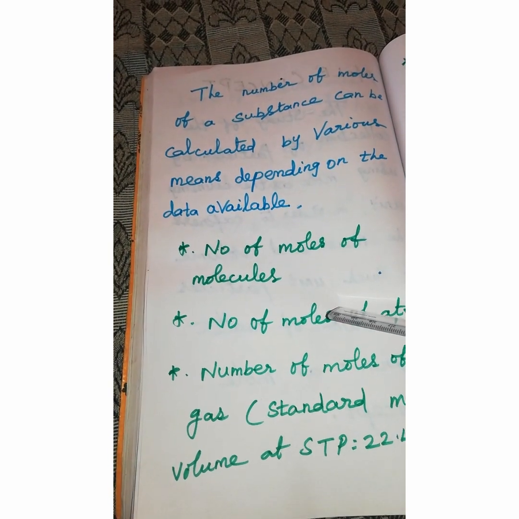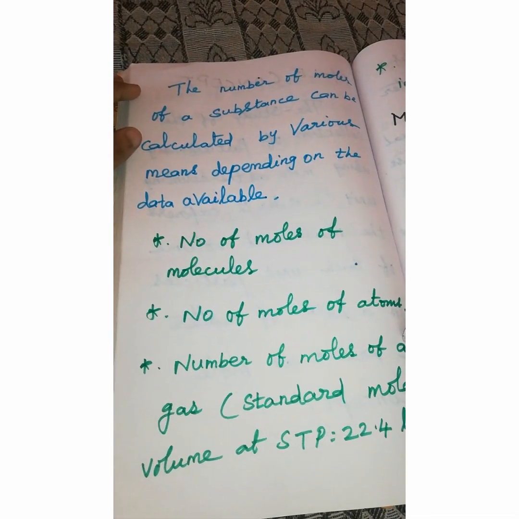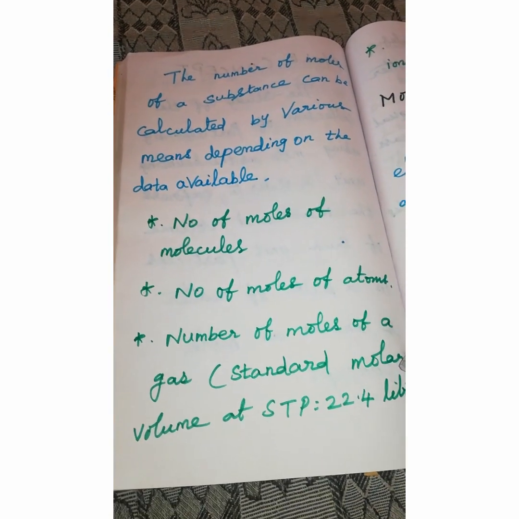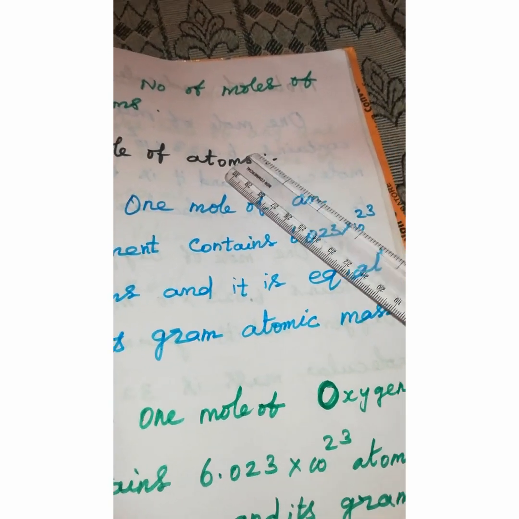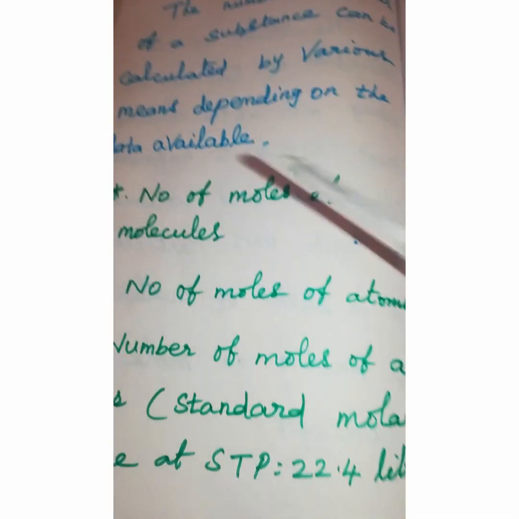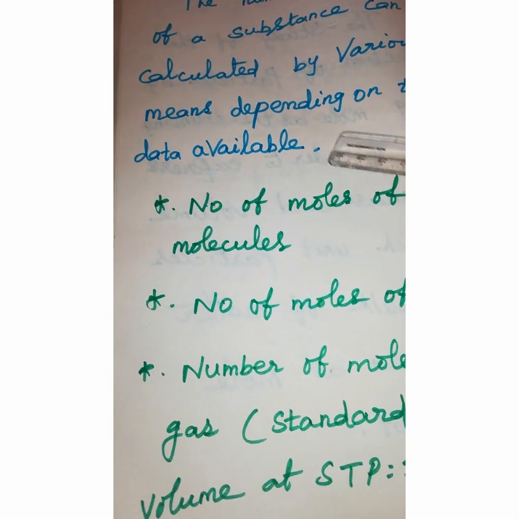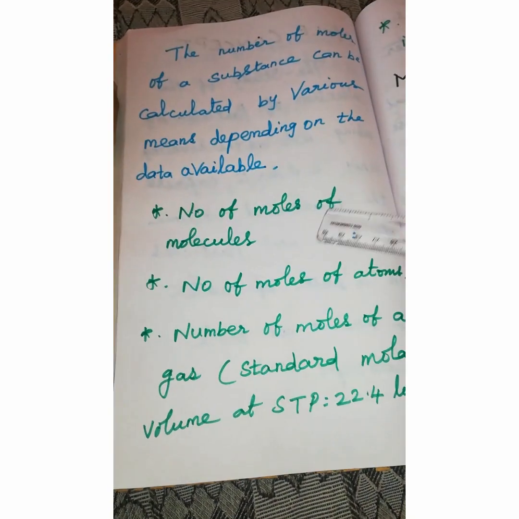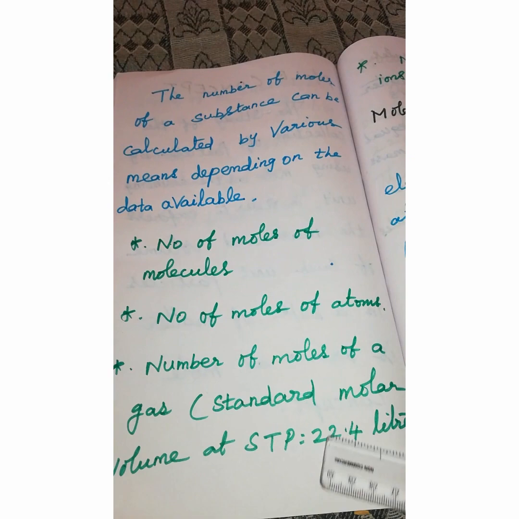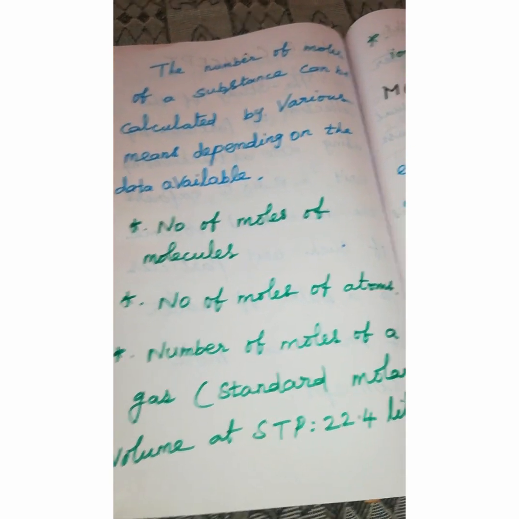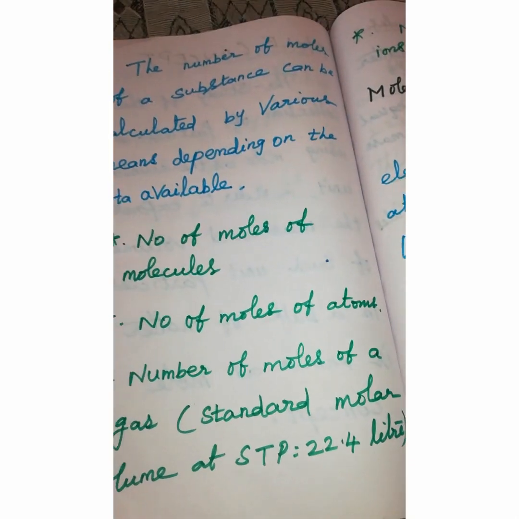Number of moles of molecules, number of moles of atoms, number of moles of a gas, that is, standard molar volume at STP 22.4 liters, and number of moles of ions. These data are required to find the number of moles of a substance.